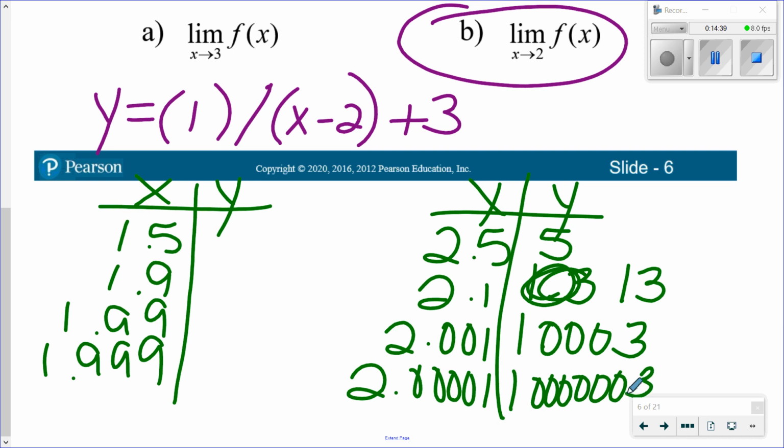Okay, so the number just keeps getting bigger. That means we are trending toward infinity. Let's see what happens on the other side.